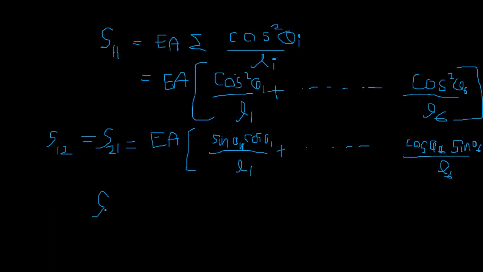And similarly, you can take EA out. It is sin theta 1 over L1 plus sin theta 6 over L6.